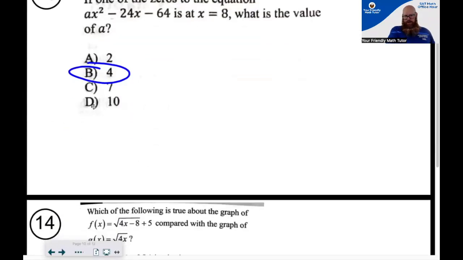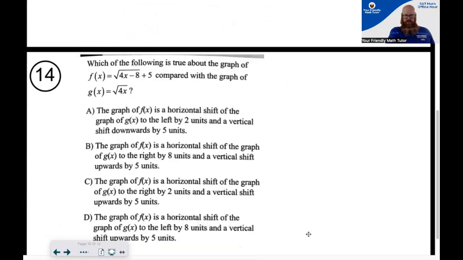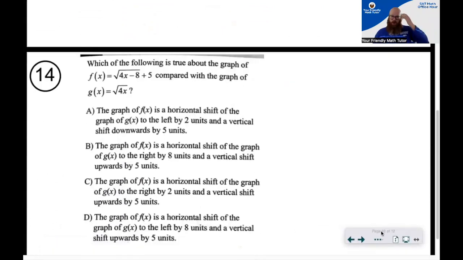All right, we are moving along here. All right. So here we've got which is true when f of x is compared to the graph of g of x. So we're really trying to figure out which direction things are going. So let's use Desmos.